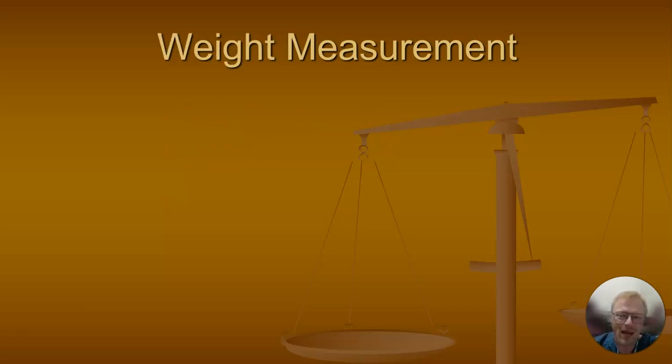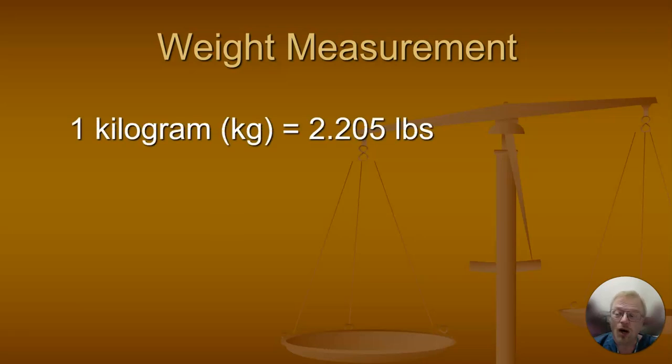Now when we get into weight measurement, grams is the standard. And again, we can go up or we can go down. We tend to go up from grams. So 1 kilogram is equal to 2.205 pounds.